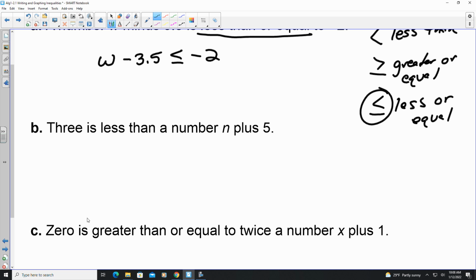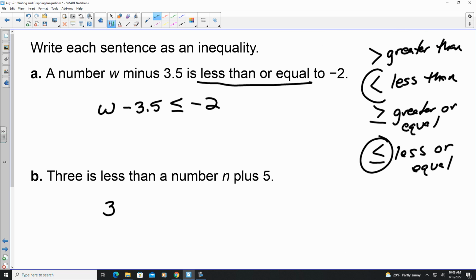Next, it says 3 is less than a number n plus 5. So how it is written, I have 3 is less than, so now we're looking at this symbol here for less than, and we have n plus 5.